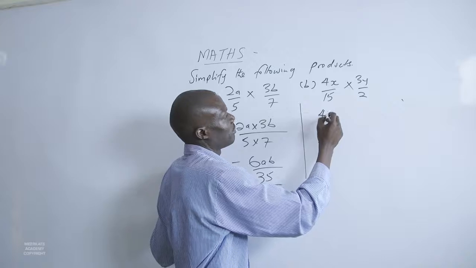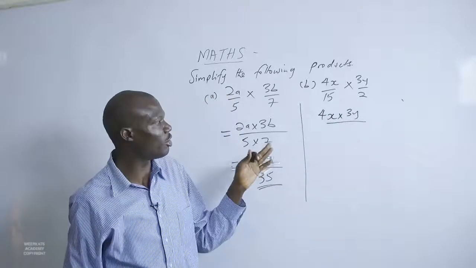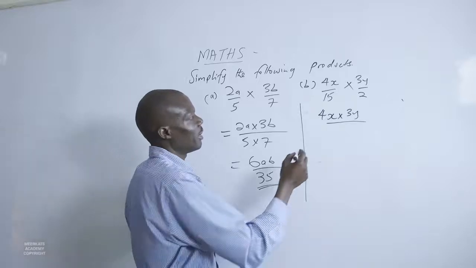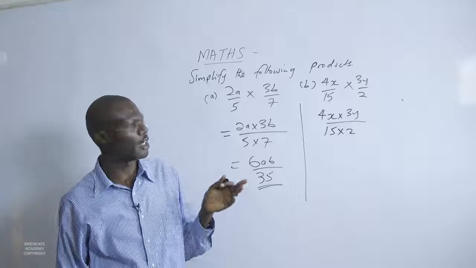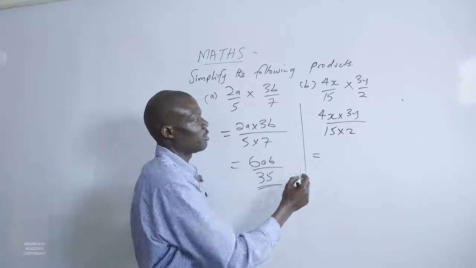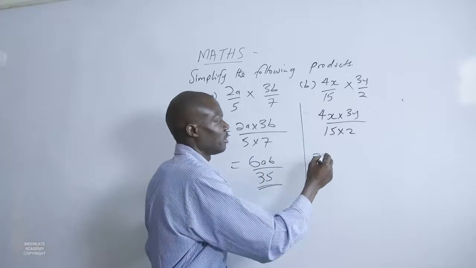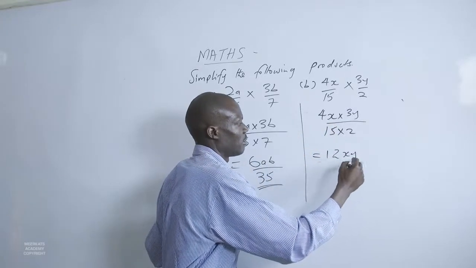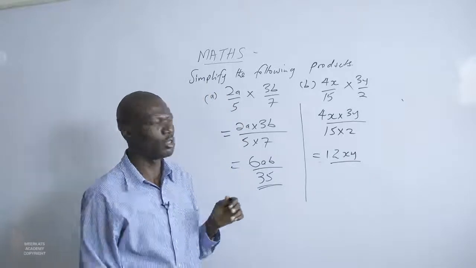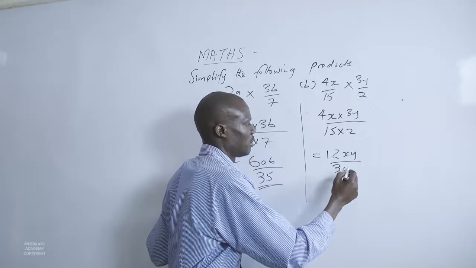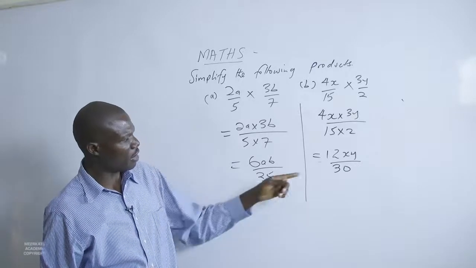And for the second question here, we shall take the numerators again. That is, the numerator is 4x times 3y, and the denominator is 15 times 2. This one gives us 4 times 3 is 12, and then xy, over 15 times 2 is 30. Now, when you reach here, what is common?